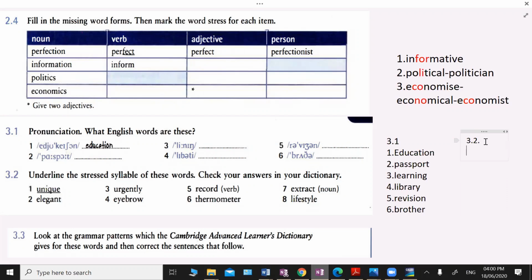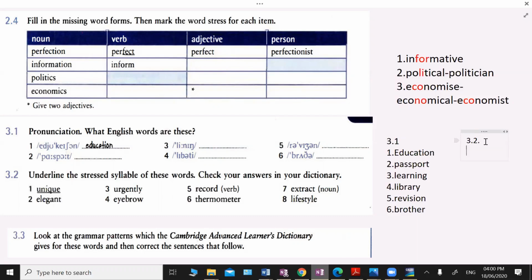Like the first one is unique. Okay, it's almost stress on the whole word. Now number 2, I will say the word and you tell me on which letter or more than one letter there is stress. Or if you have a pronunciation dictionary, you can click on the word and you can see and tell me where is the stress.